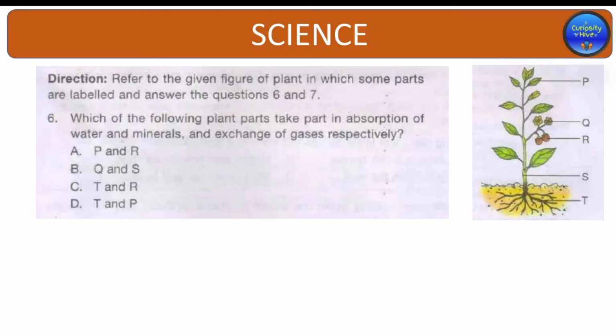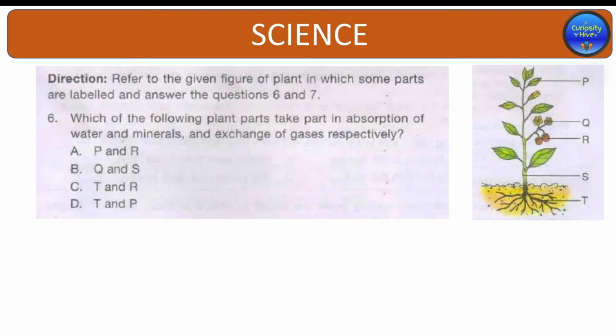So here is our first question. Refer to the given figure of a plant in which some parts are labelled and answer questions 6 and 7. The sixth question is, which of the following plant parts take part in absorption of water and minerals and exchange of gases respectively? Well, can you tell me this answer?